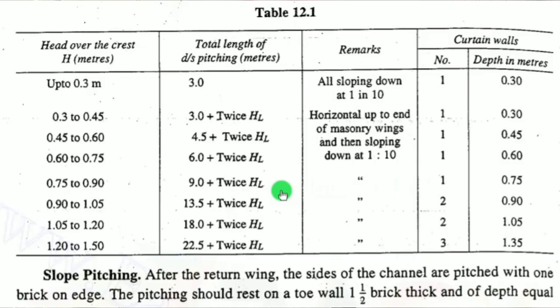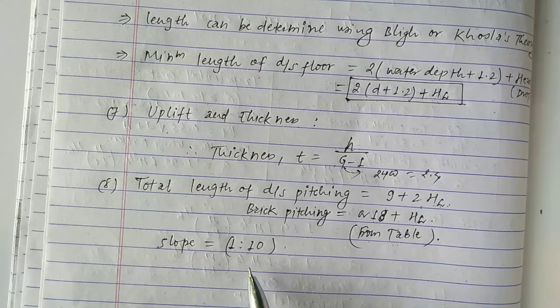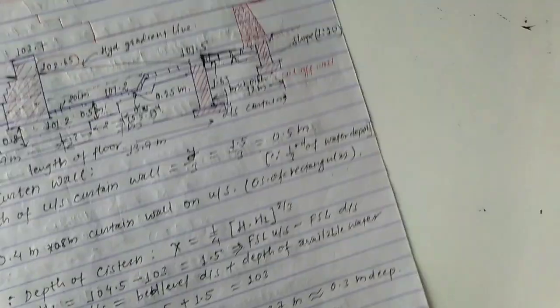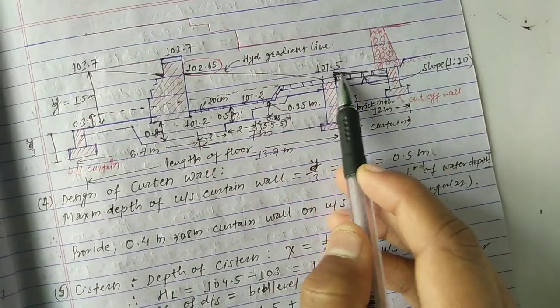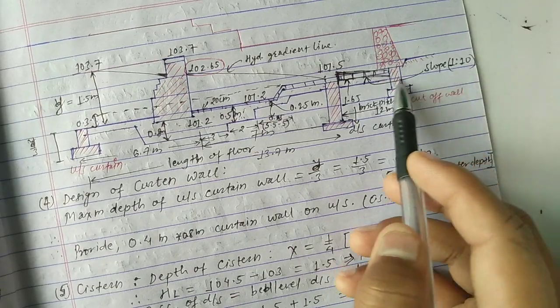So brick pitching equal to, you can also take 18 plus HL. This depends upon the table, and generally we prefer 9 plus 2 HL, and the slope is taken 1:10. This slope is like this, taken 1:10.